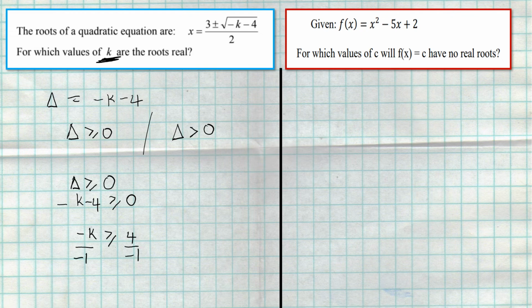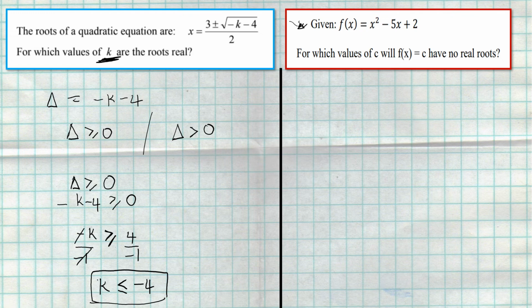Divide both sides by negative 1. Negative and negative cancel. Then because I've divided by a negative, don't forget to change the direction of the inequality. When we divide or multiply by a negative, the inequality sign direction changes. So it's going to face there to say our k must be less or equal to minus 4. Those are the values of k that will make those roots real. Okay, let's move here now.